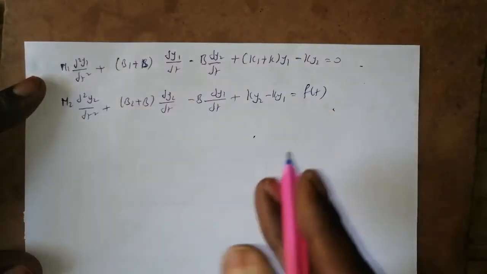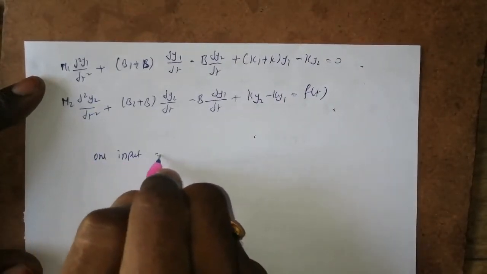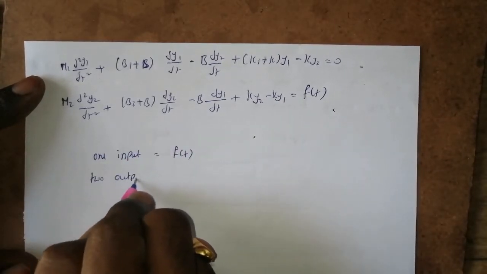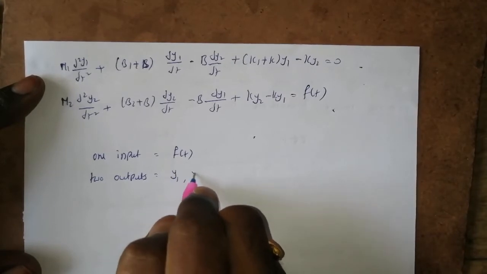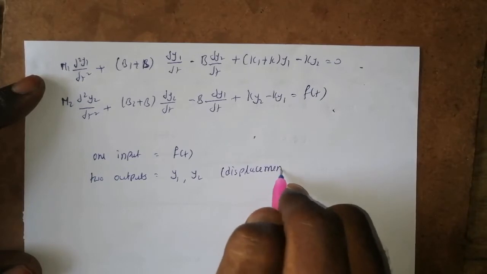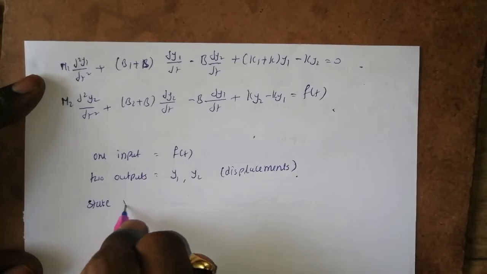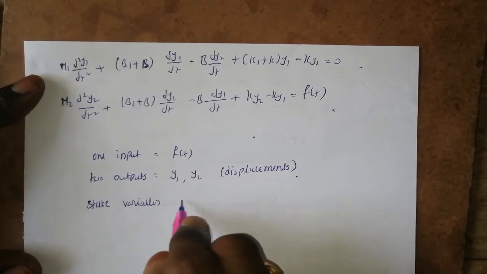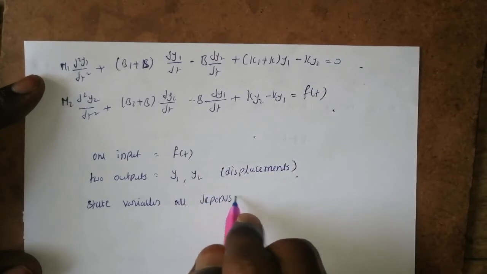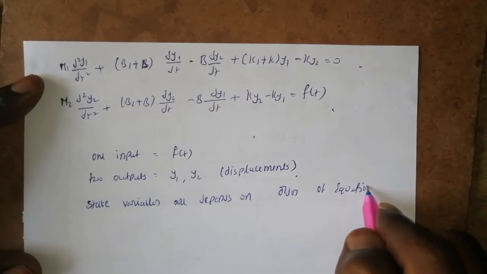Comparing these two equations, we have only one input, that is f of t, and we have two outputs in the form of displacements, that is y1 and y2. The state variables depend on the order of the equations.